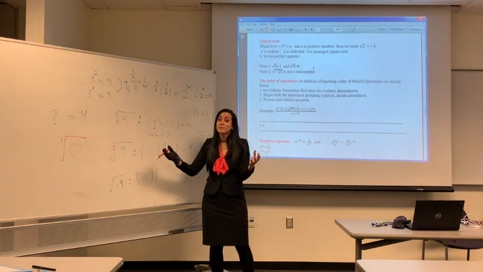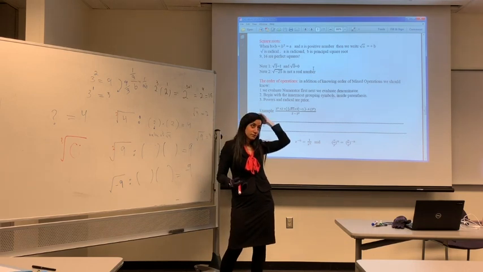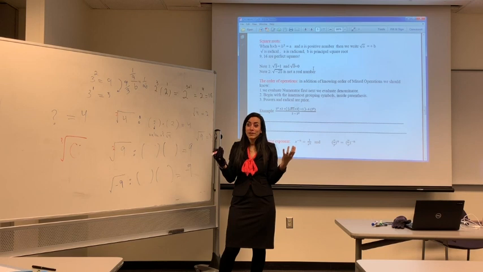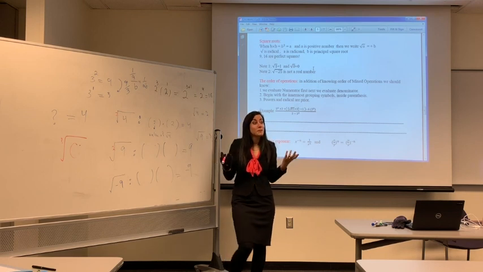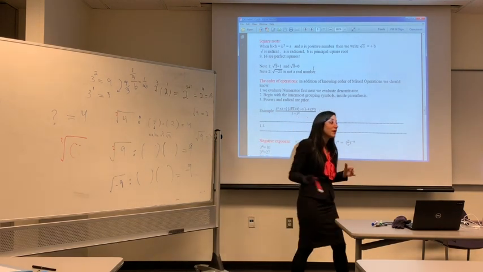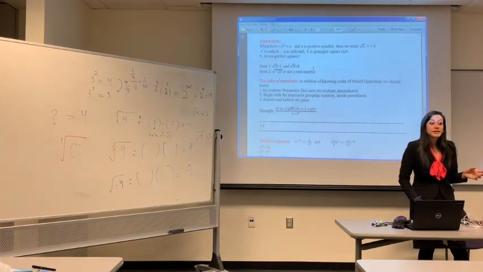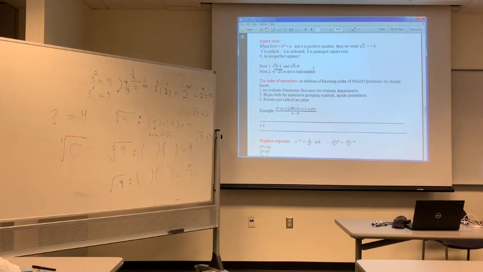Perfect square, okay? And radical 25 is 5. That's a perfect square too because 5 multiplied 5 is 25. Could you do 49? 49 is 7. Exactly. The square root of 49 is 7 because 7 multiplied 7 gives you 49.